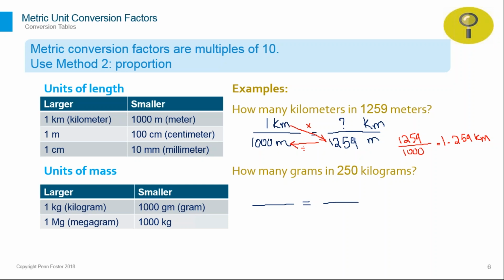There are 1,000 grams in 1 kilogram. So the factual information that we know from the table, 1 kilogram is equivalent to 1,000 gram. Now, the information from the question, they're trying to know how many grams in 250 kilograms. So 250 kilograms will go on the top because the kilograms here on the top. And then the bottom, of course, is going to be the grams.